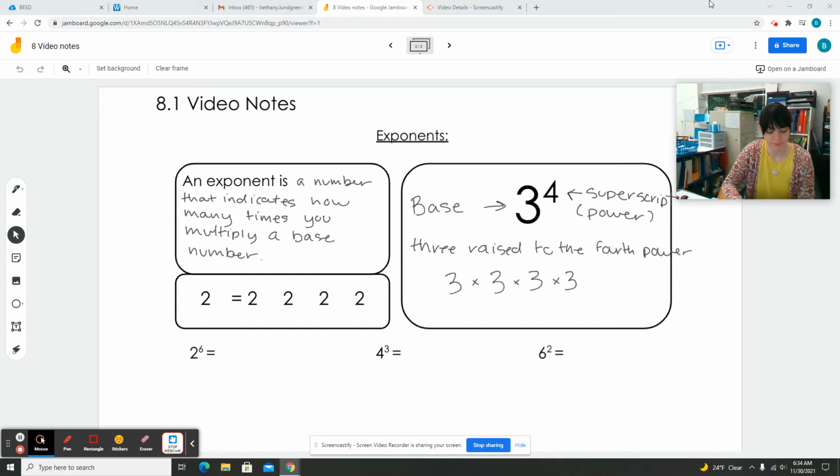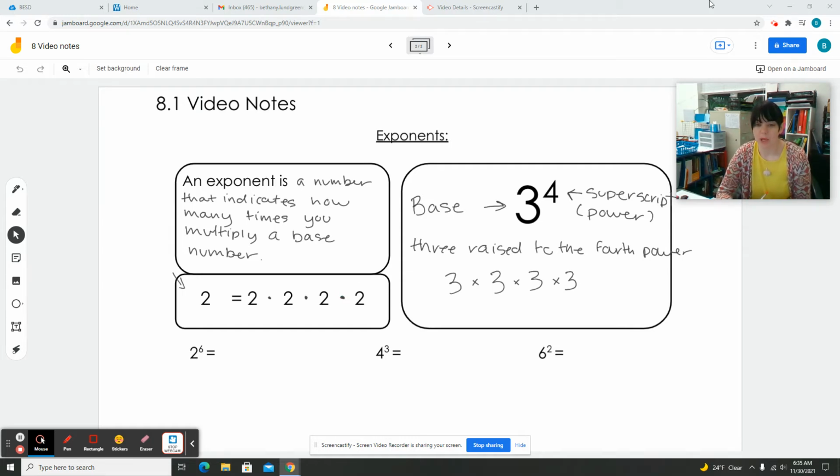Okay? So let's look to the left here to this box. We have 2 equals, and then we have 4 2's. So we're going to fill this in. Now, another way that we can write a multiplication symbol is with a dot. So we're going to use dots. Now we have 2 times 2 times 2 times 2.